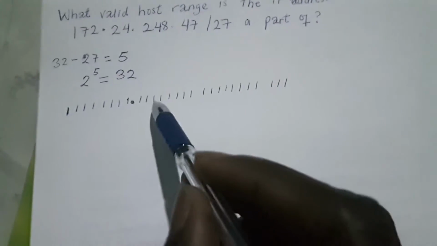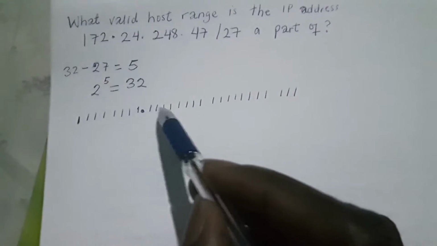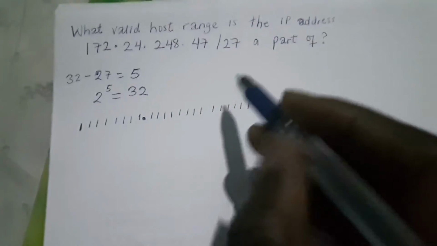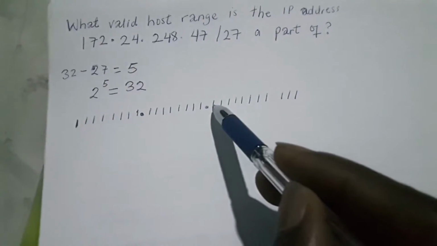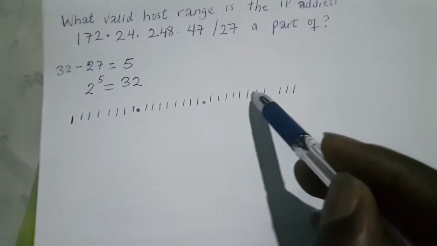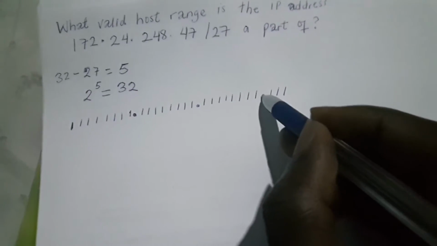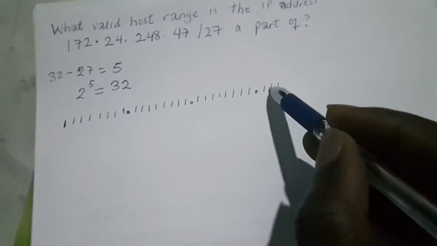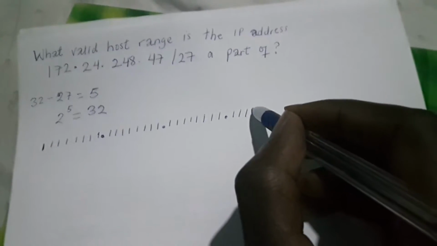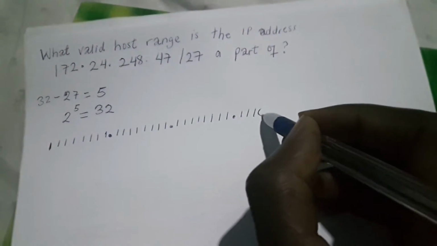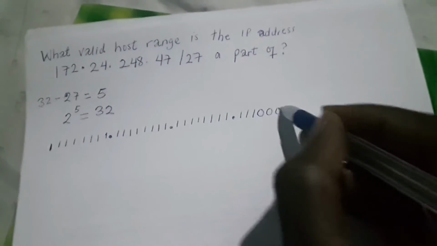So we are identifying the bits. It's 1, 2, 3, 4, 5, 6, 7, 8, and we put a dot here. And again 1, 2, 3, 4, 5, 6, 7, 8, and we put a dot here. And then we have 1, 2, 3. So we make this an 8-bit group, but switching off all the remaining bits, so all the numbers here are off.